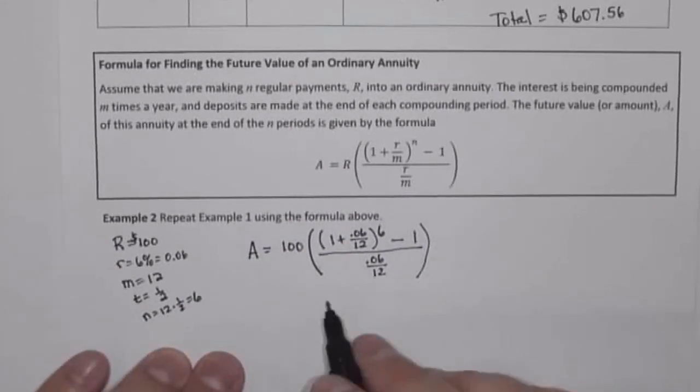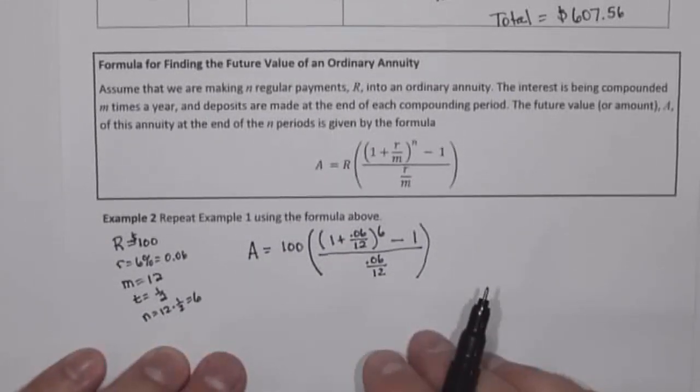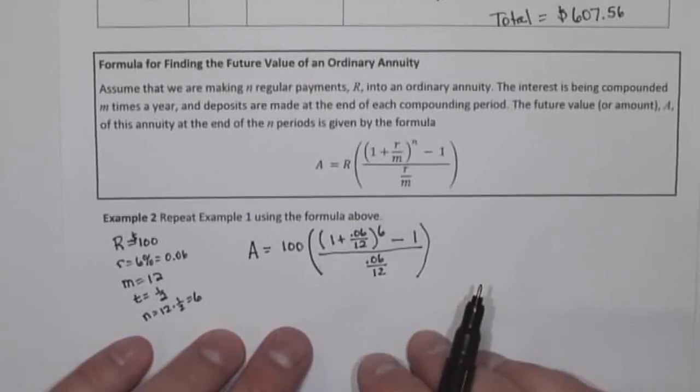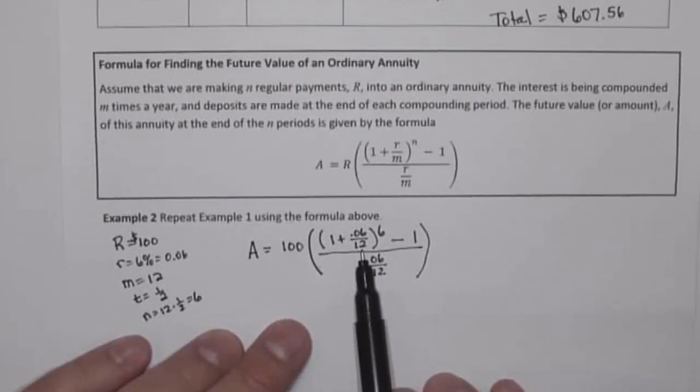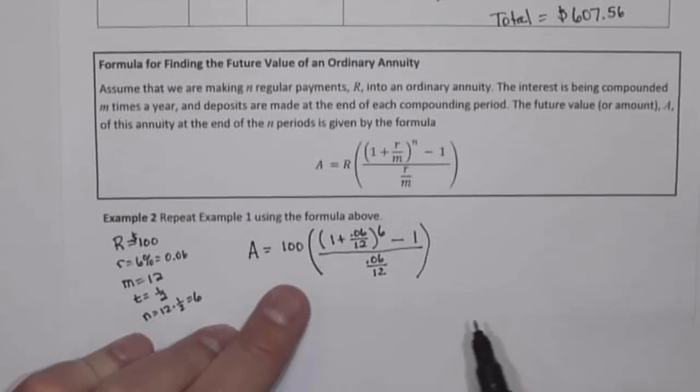Now I could type that in my calculator like this, but it would be better to clean it up a little bit. As I did in example 1, 0.06 divided by 12 is 0.005, and 1 plus 0.005 is 1.005.